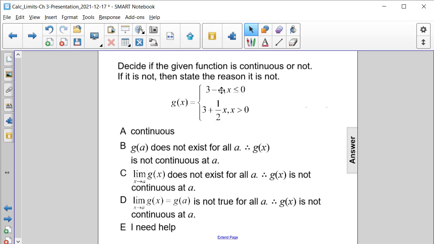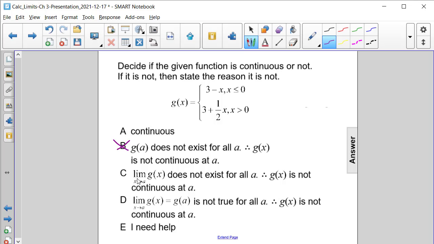This first piece is defined for x values, or a values, less than or equal to 0. Okay, so at 0 it is defined. And then for x being greater than 0, it is also defined. So therefore, g of a does exist for all a values within our function. So it so far is continuous.